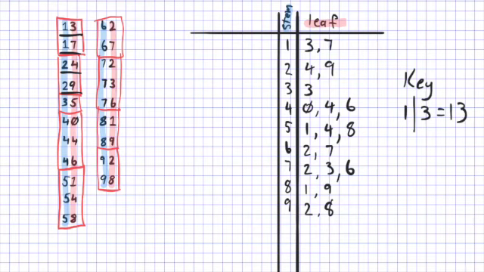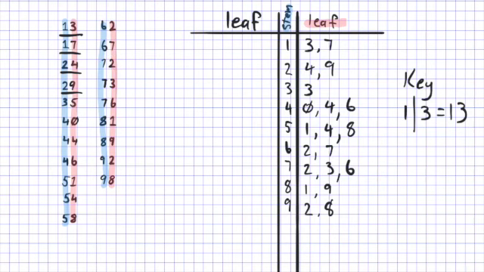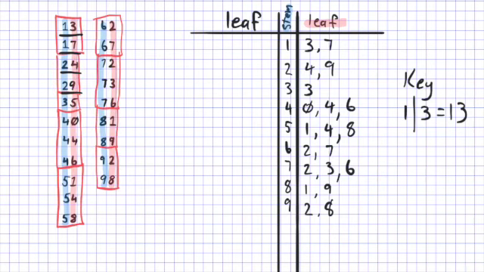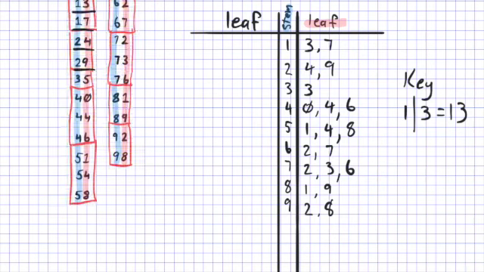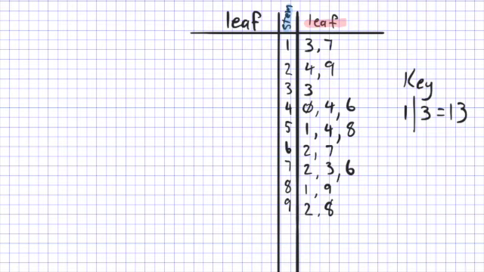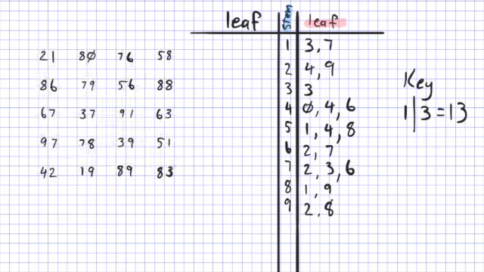That's our key for both sides of our stem and leaf plot when we start to make it. So let's go ahead and do that and do the other side. We're going to move this data set out of the way. And we're going to bring in another data set that we've got right here.